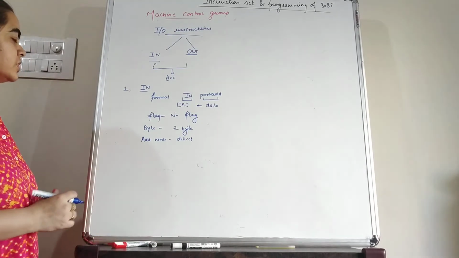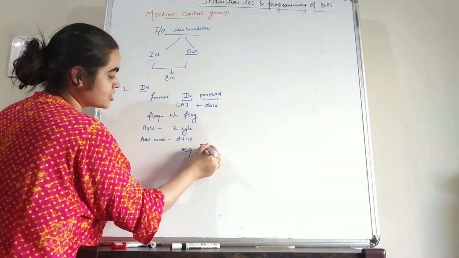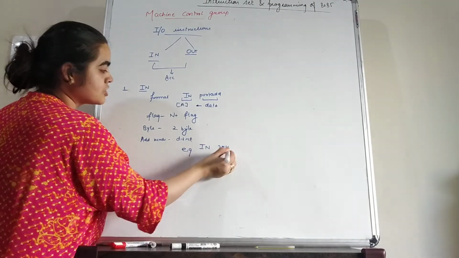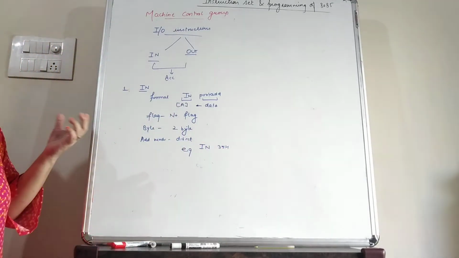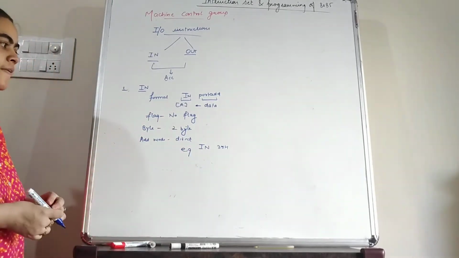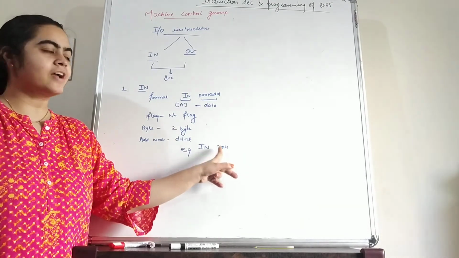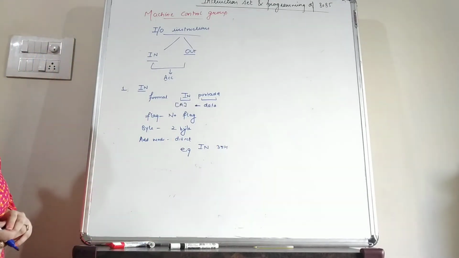Now students, for example, we have the instruction IN 35H. So 35 is in the range of 00 to FFH. When we execute this instruction, the device that is connected to port number 35 will send its data to the accumulator.